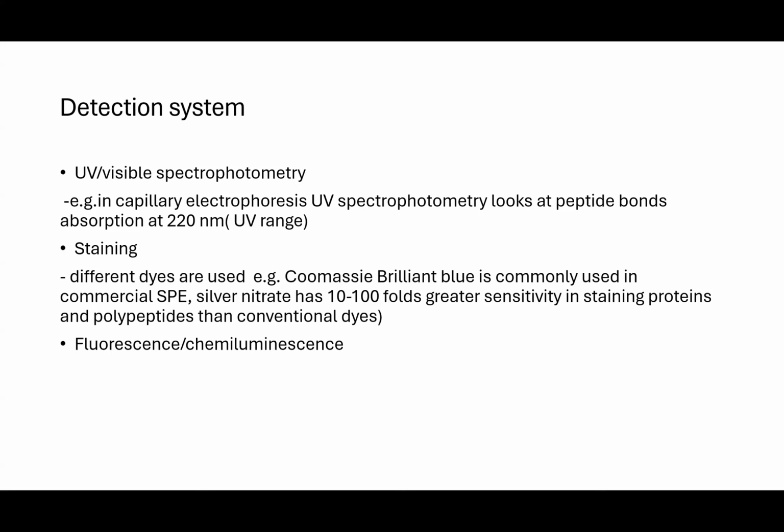We can also use staining, so different dyes are used. Coomassie Brilliant Blue, apologies if I'm not pronouncing it correctly, is commonly used in commercial serum protein electrophoresis. Silver nitrate is another dye that is used, and it has great sensitivity in staining proteins. The other detection system is fluorescence or chemiluminescence.